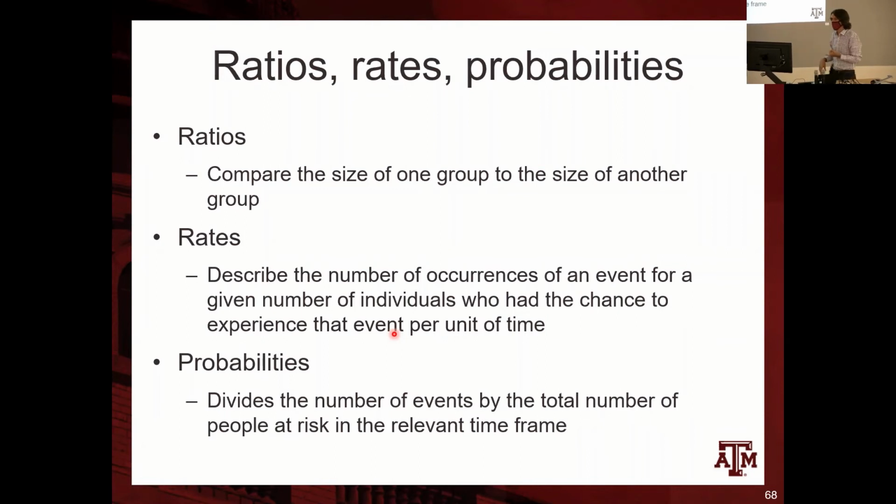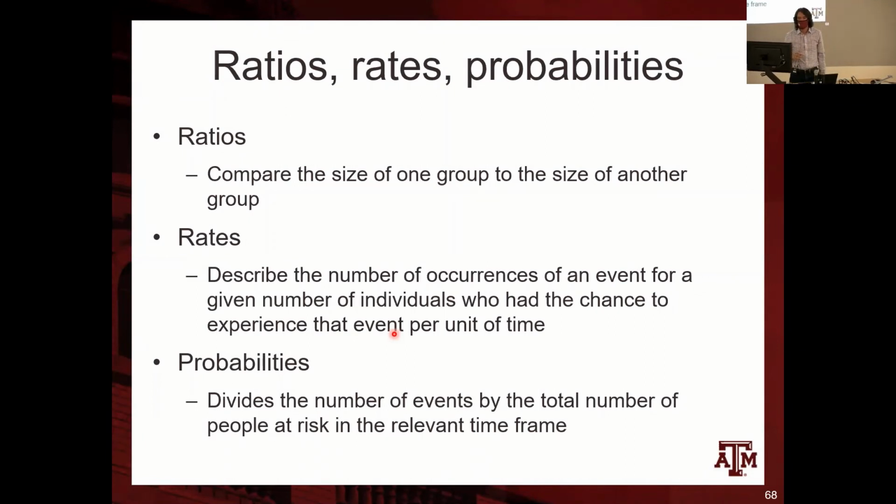And that can be a fertility rate, having children, mortality, dying, or migrating. Someone who is at the beginning of the period, beginning of 2021, living in College Station, has a chance of moving out of College Station. That person has a chance of moving to the numerator of an out-migration rate from College Station.